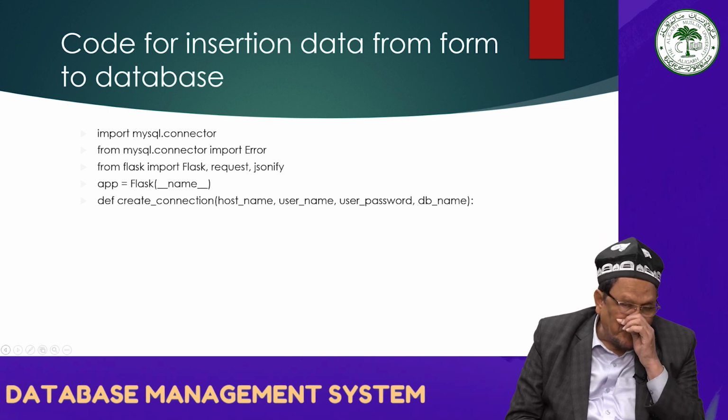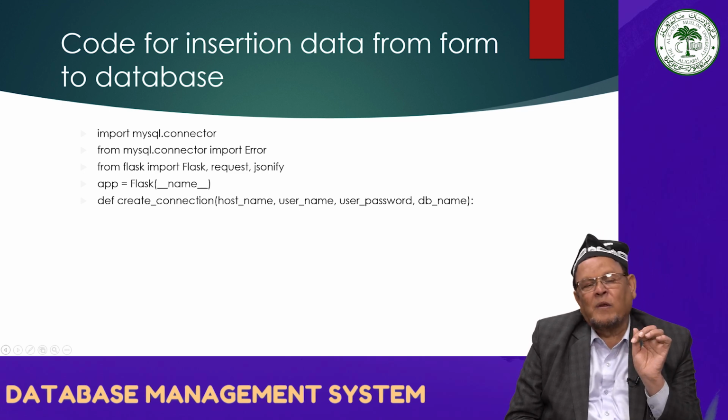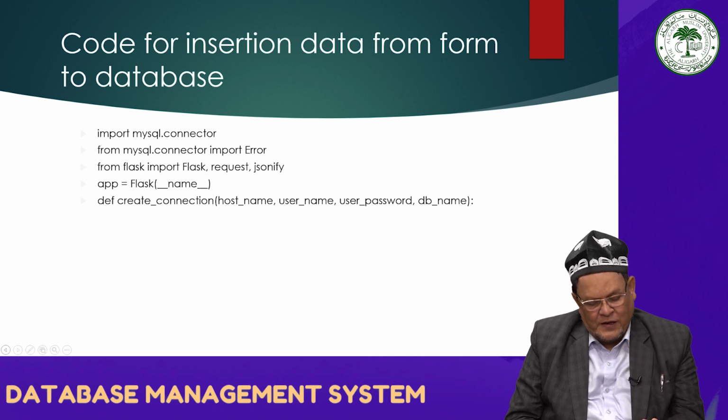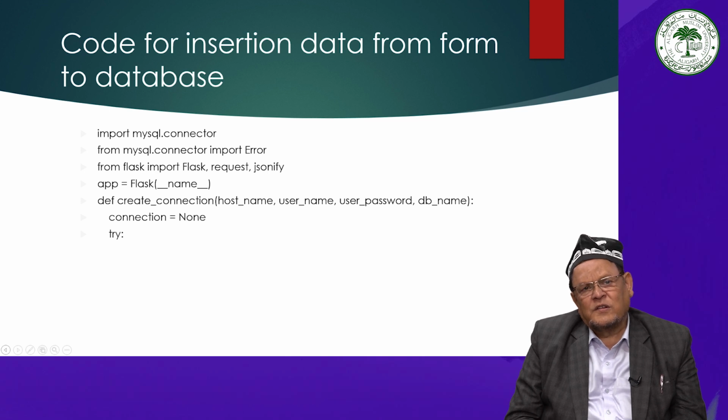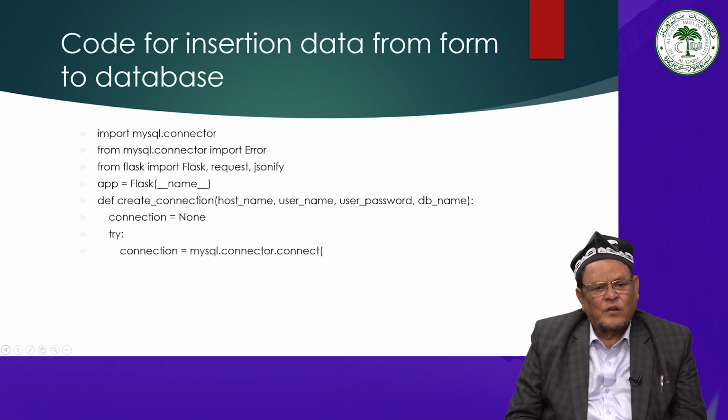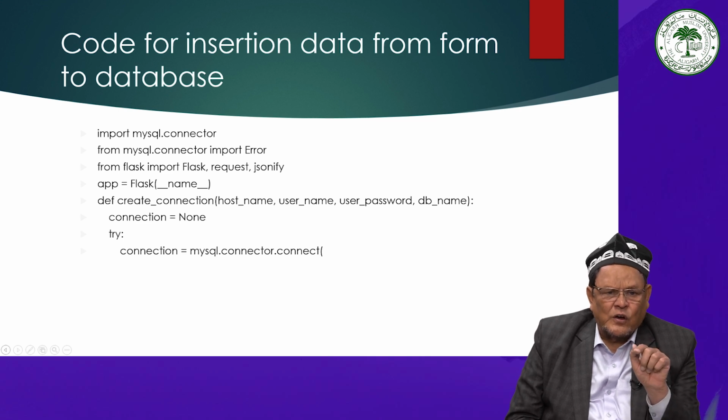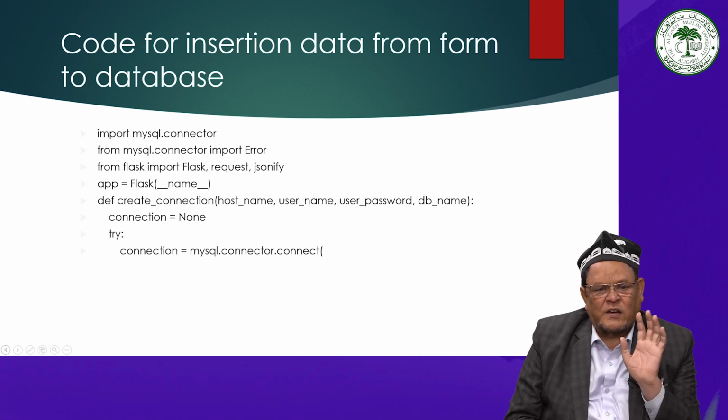You have to define it. Then you have to write connection is equal to None. Then you have to try and catch the error. Here you have to type connection is equal to mysql.connector.connect.